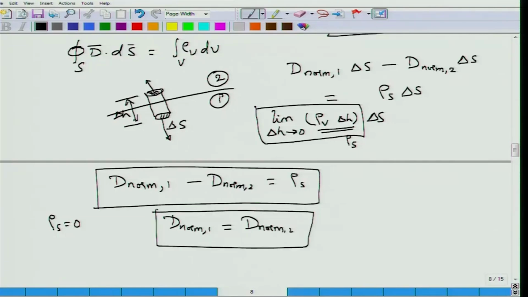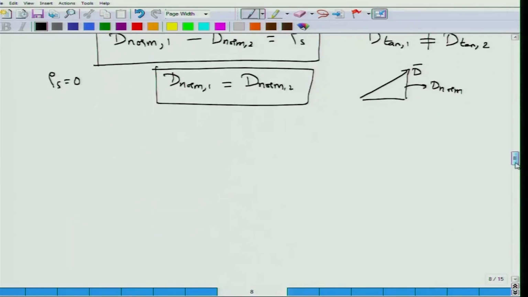Please note a very important thing: D tangential 1 is not equal to the tangential component in the second region. If you take this as the total D field, only the normal component would be equal; the tangential components would not be equal.